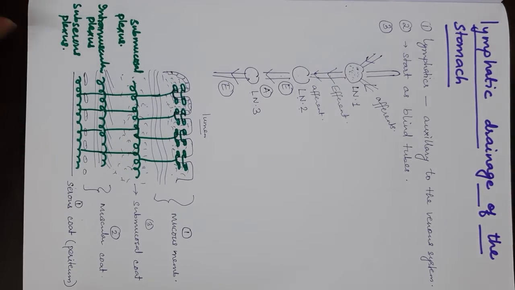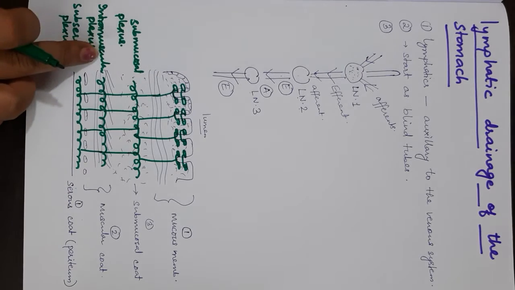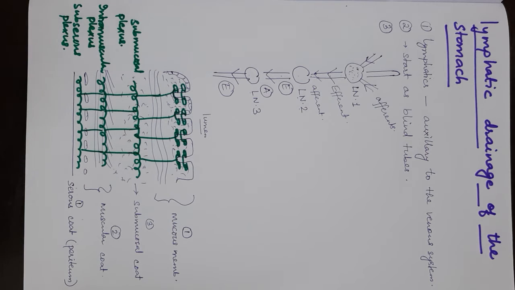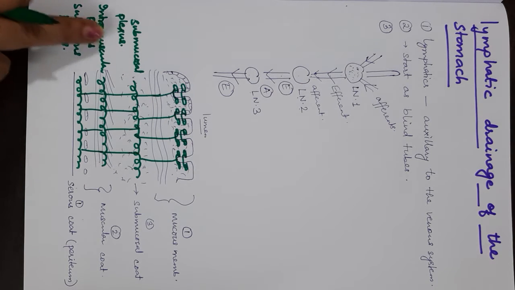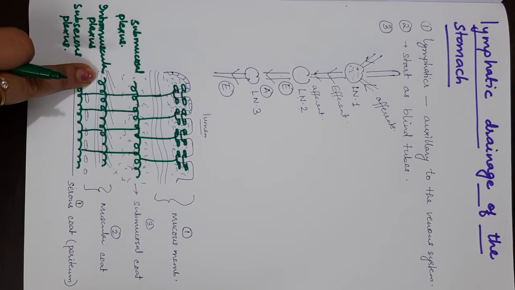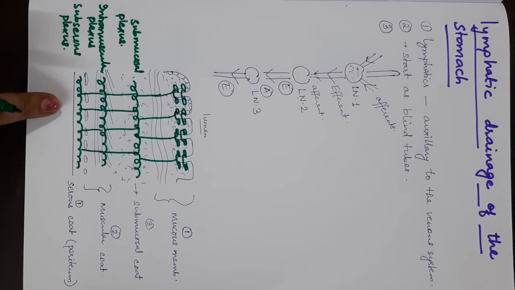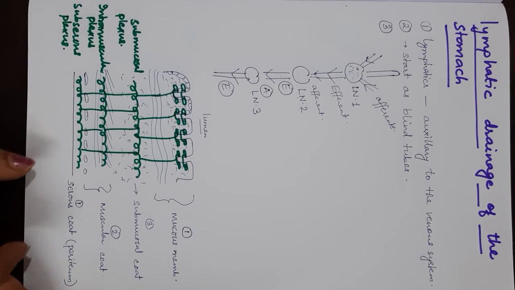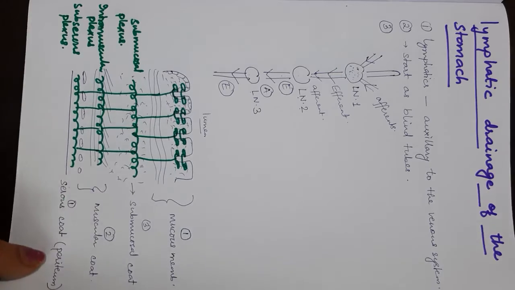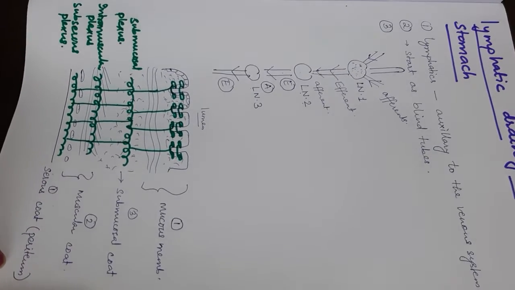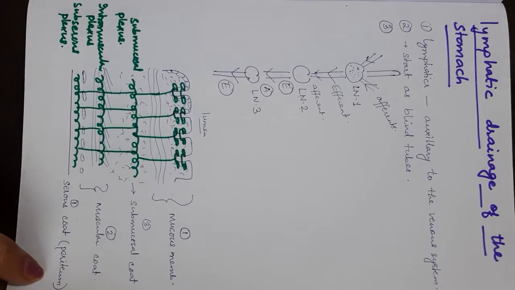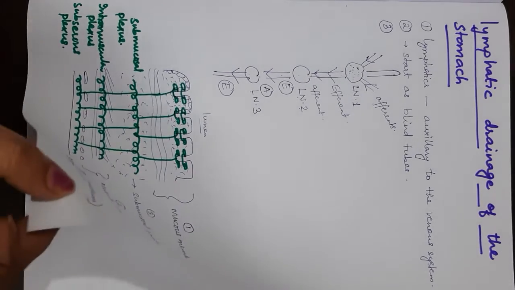So we see 3 plexuses are formed by the lymphatics within the wall of the stomach, both anterior and posterior. From inside out: submucosal plexus, intramuscular plexus and subserosal plexus. Now the lymphatics have reached the outer surface of the stomach, either the anterior or posterior surface, beneath the peritoneum.